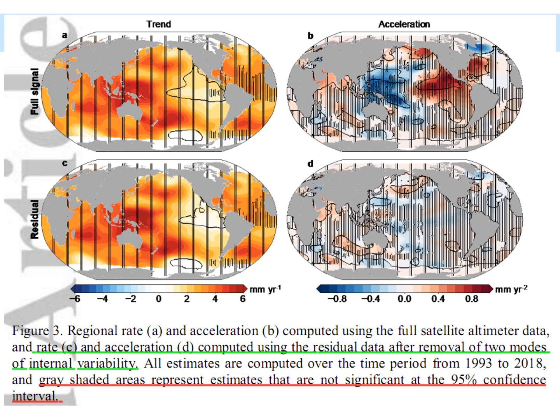The bottom right map shows the accelerations. Most of the area shaded in gray represents estimates that are not statistically significant, that is, most of the oceans. One cannot tell if there is acceleration or deceleration.